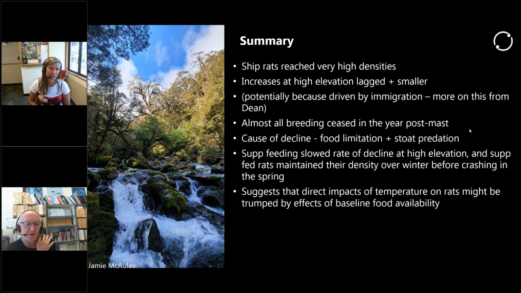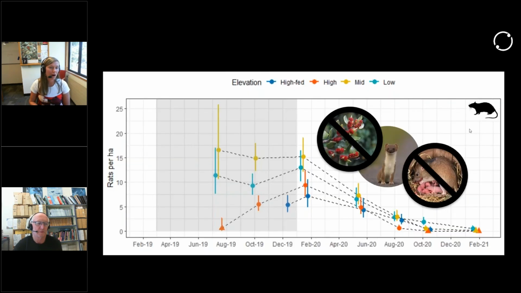A query from Robert. Joe, is there a reason why no data gathering on rat density occurred in April 2020? Yeah, so we tried to measure density every 3 months. So it was seasonal. We'd do a summer round and an autumn round.